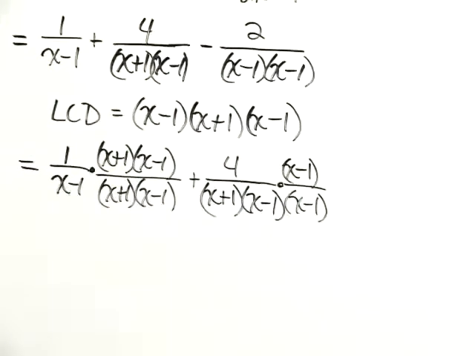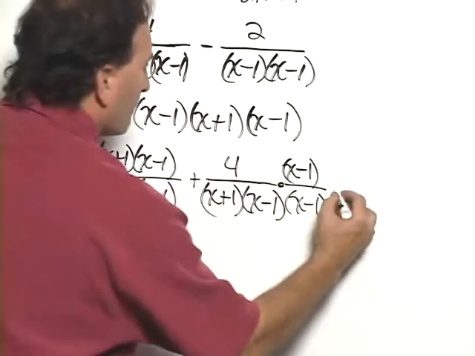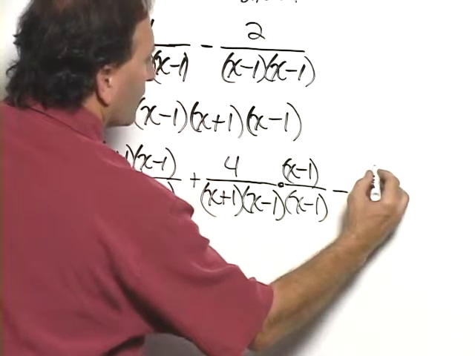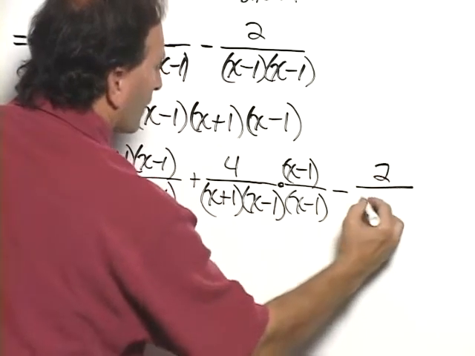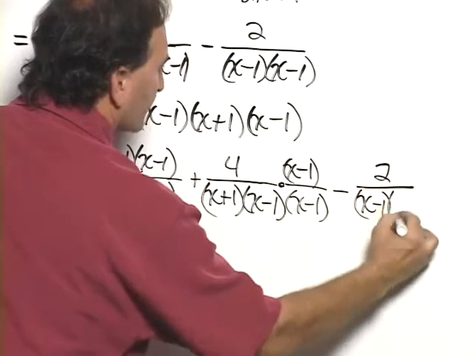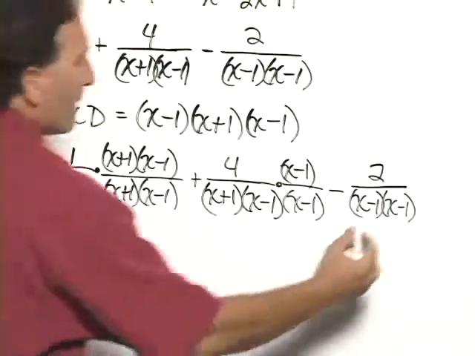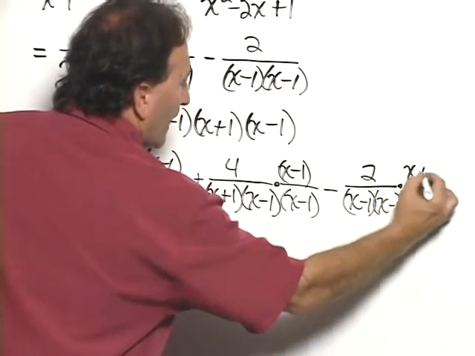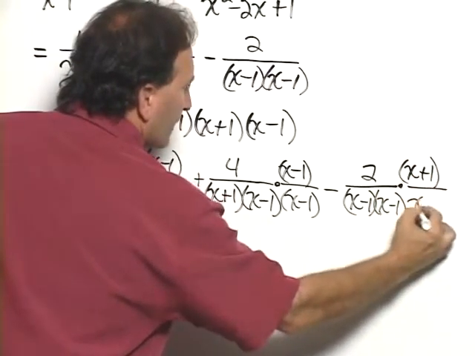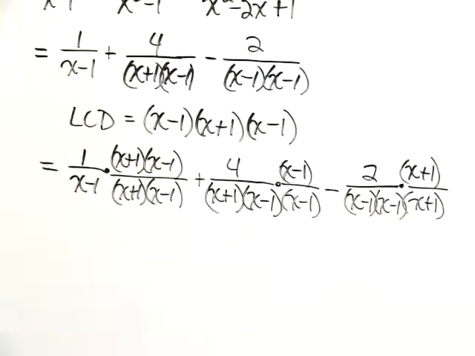And finally, for the last one, 2 over x minus 1 times x minus 1, we would have to multiply the numerator and the denominator by x plus 1.